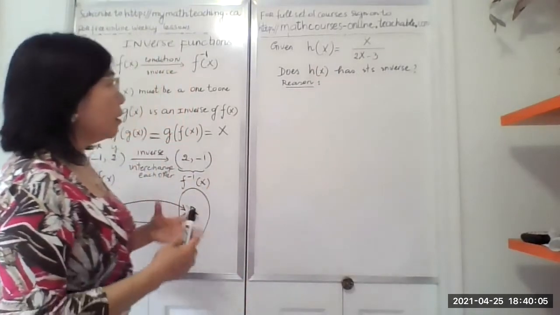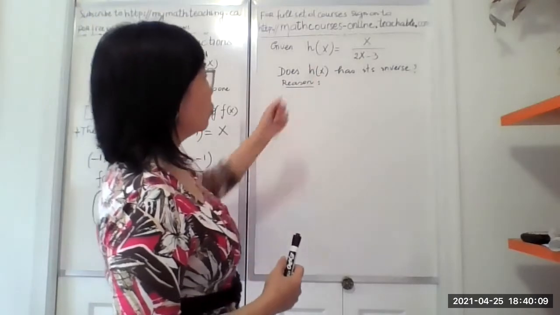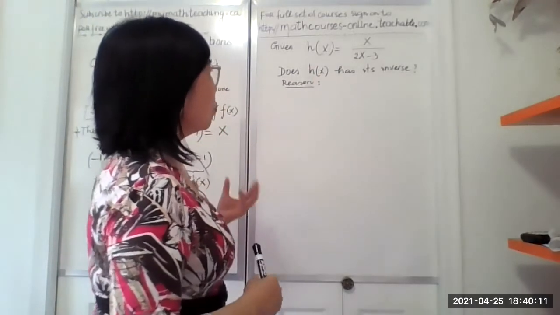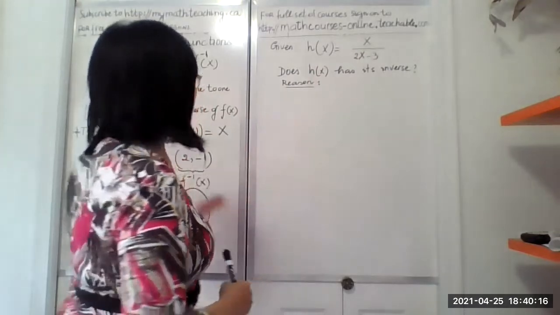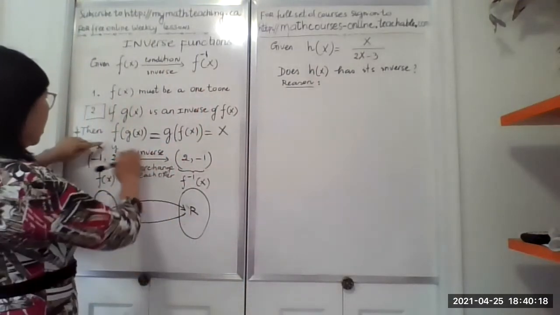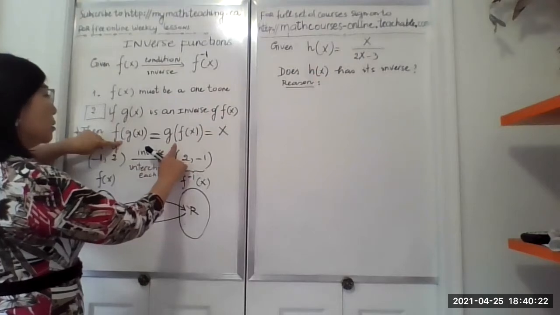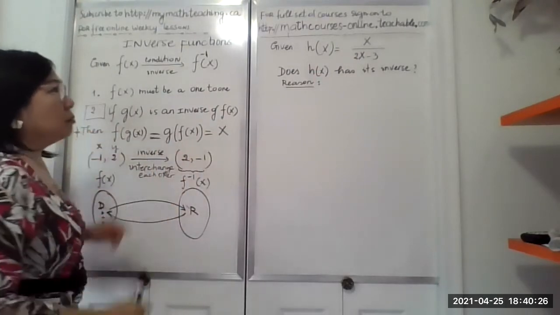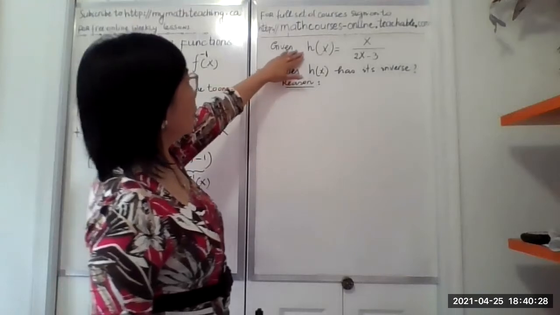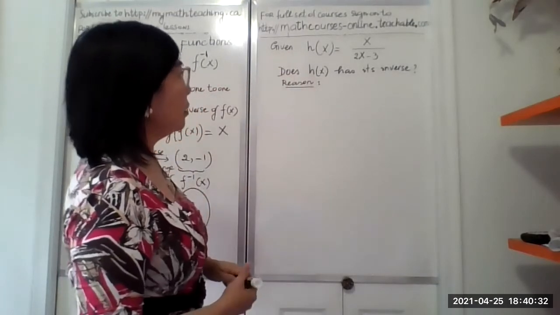Other than that, it's very hard to know whether or not this function is a one-to-one function. There's a way of finding out, but let's focus on condition 2 here: if f of g of x equals g of f of x. But first, we have to find the inverse function of h of x, right?